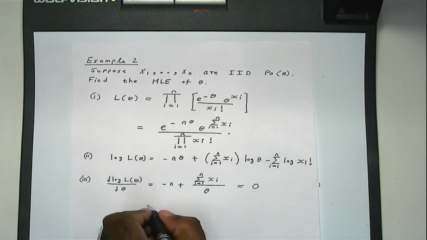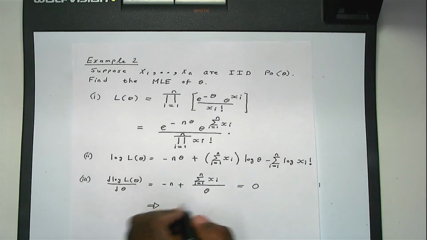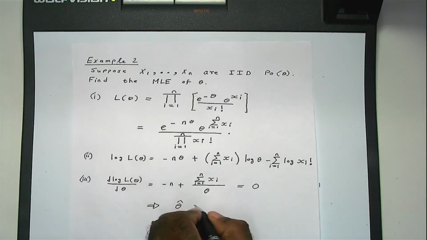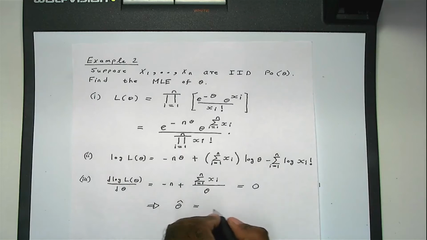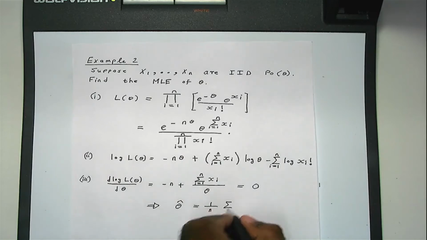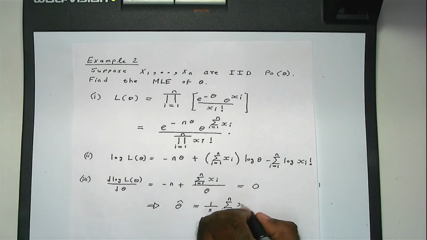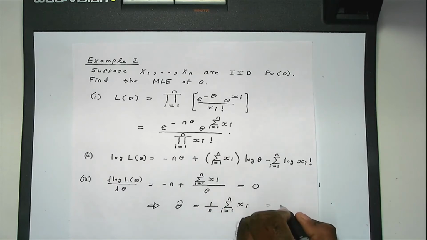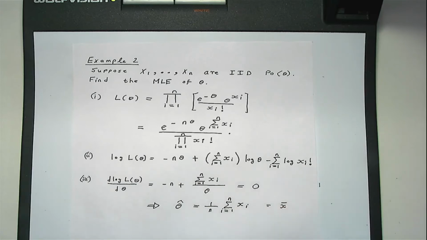So once again, let me call the solution with the root theta hat. So theta hat would be 1 over n times the sum of xi, which is the sample mean.